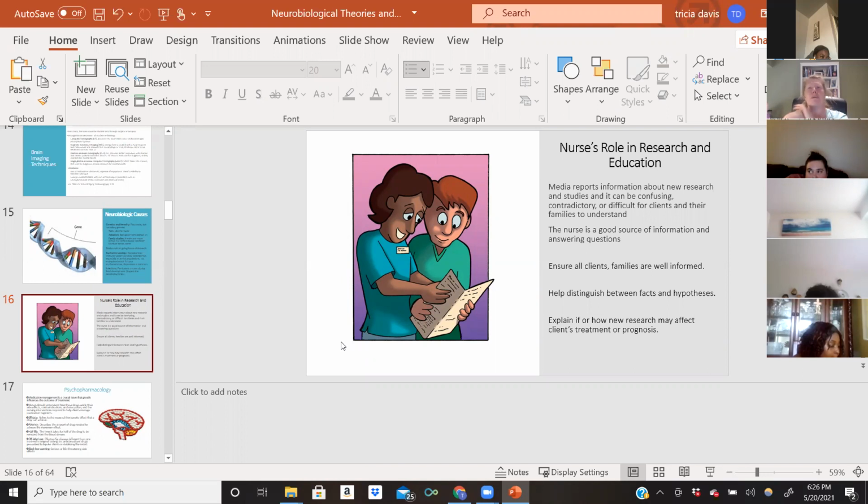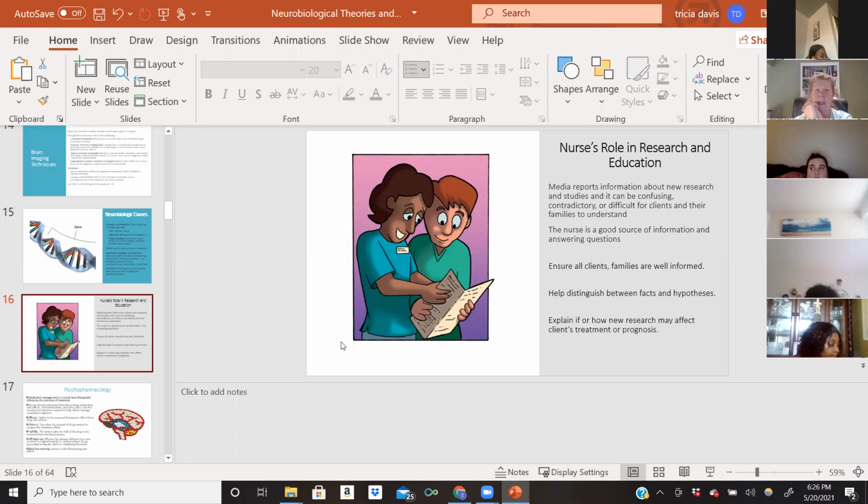We just don't want to take information that we tell our patients from yahoo.com. We always want to make sure they're peer reviewed. They come from .gov, .org. Those are good sources of information. We always want to make sure that we keep our clients and our family members well informed.